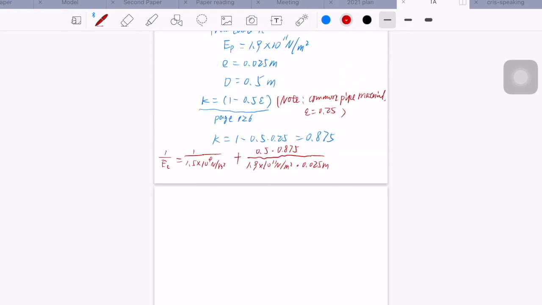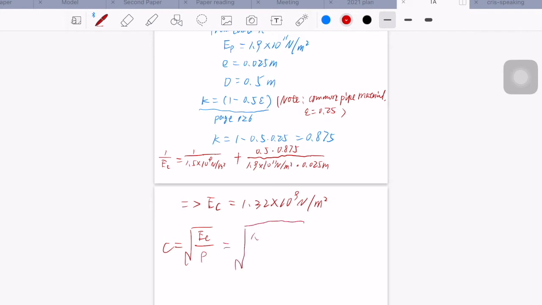So we can get that EC equals 1.32 times 10 to the power of 9 Newton per square meter. And now C equals the square root of EC divided by the density.